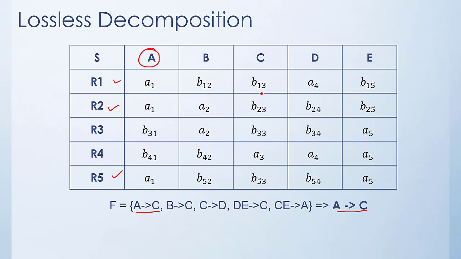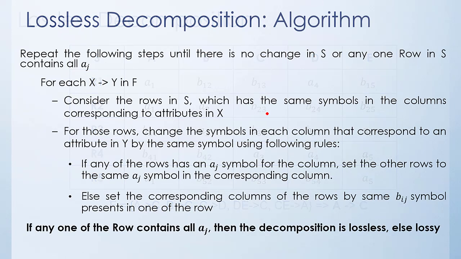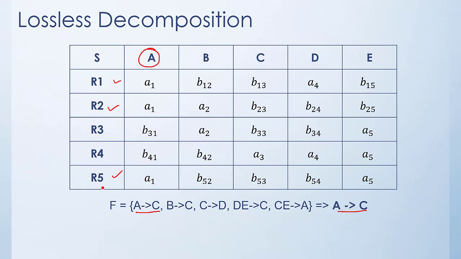Now look for whether there is any A3 available for row 1, row 2 and row 5. As there is no A3 available, this if condition will automatically become false, so we are going to execute the else part.